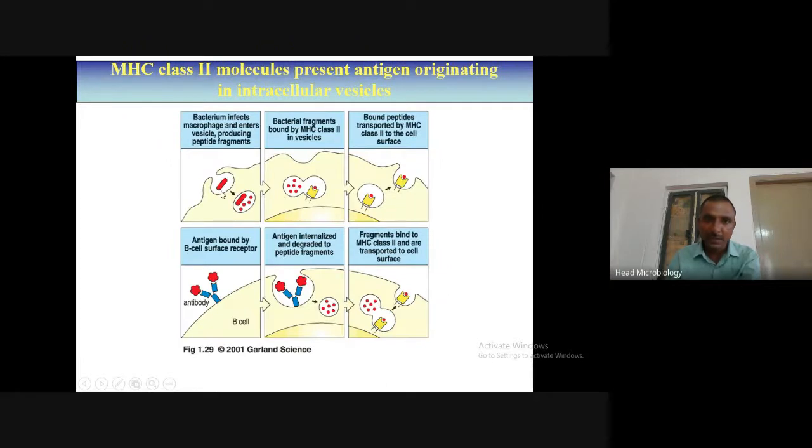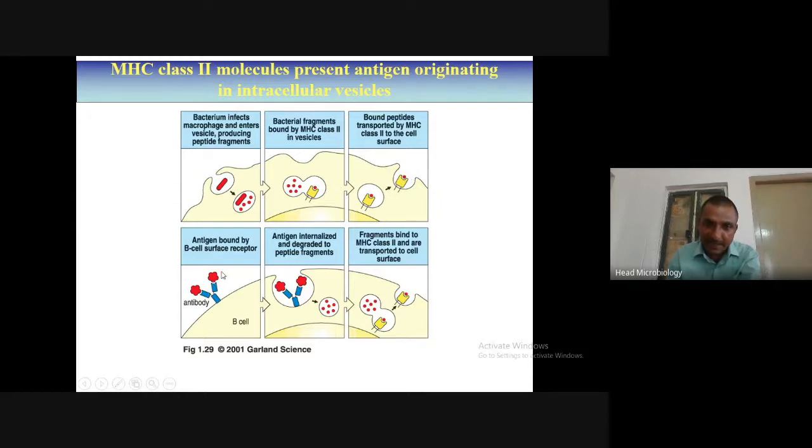And in MHC2, the bacterium infects the human macrophages and enters into vesicles, producing peptide bound formation. These bacterial fragments are bound by the MHC complex 2 in the vesicle, and the MHC2 is transported to the surface of the antigen.